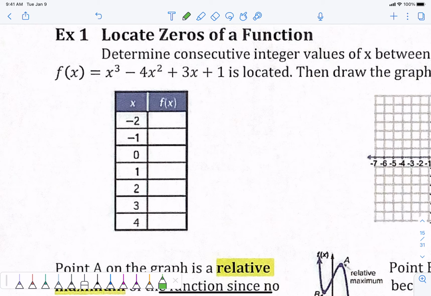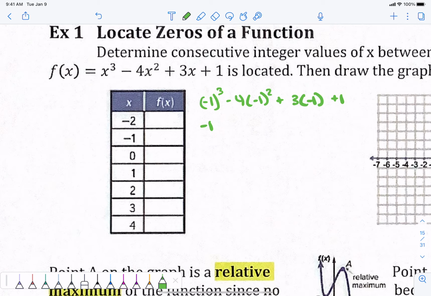I'll check -1. I'm going to check a negative number. Okay. -1. It's going to be +1, -4, -3, +1, -7.